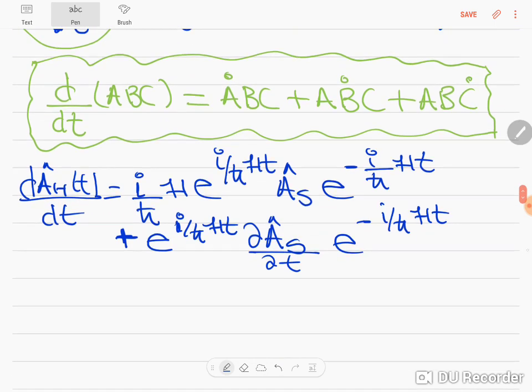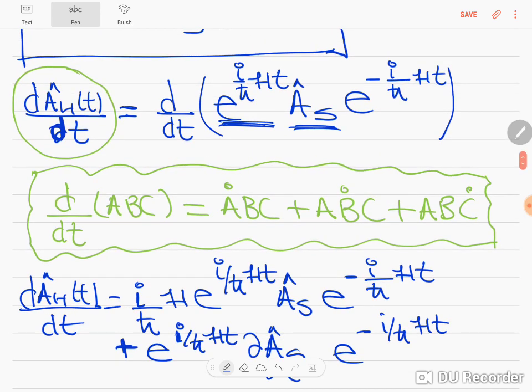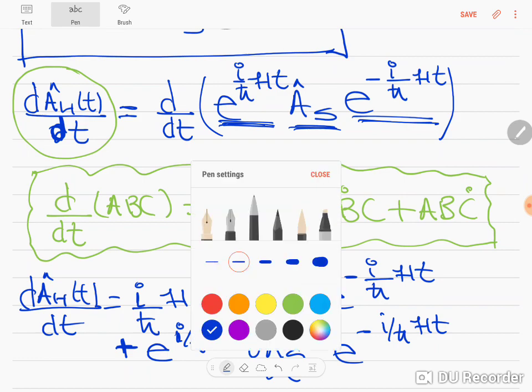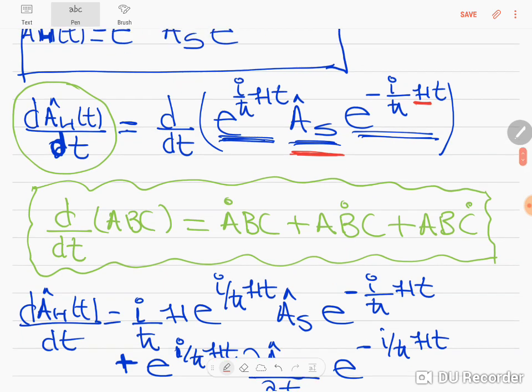And lastly, we take the derivative of the third term in the original equation. This is negative, and since this Hamiltonian H in general will not commute with this operator A, we cannot move the Hamiltonian to the left, but we can move it to the right, because the Hamiltonian will commute with this exponential, because it will commute with itself.